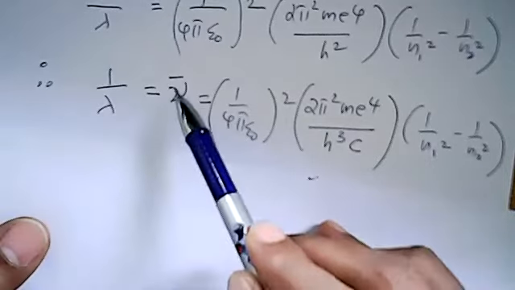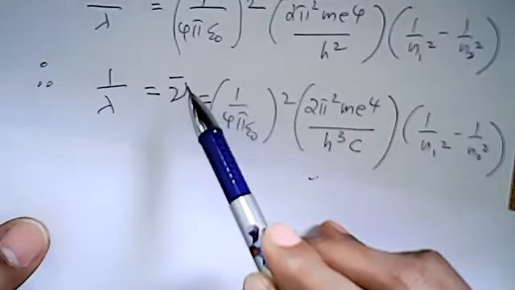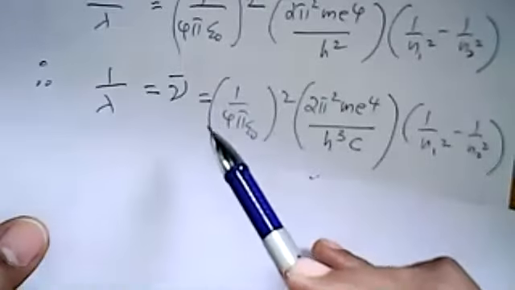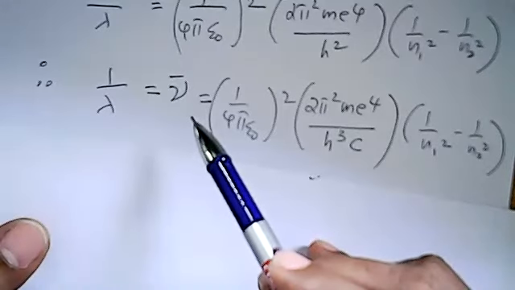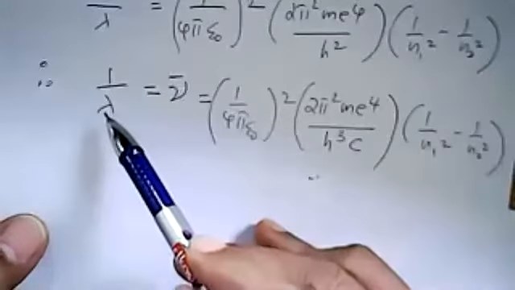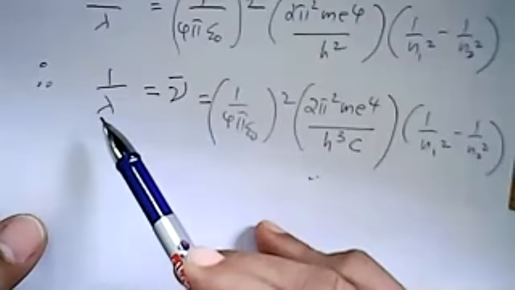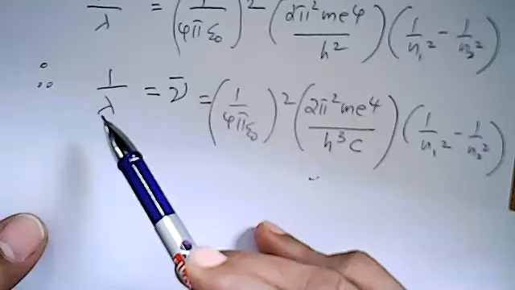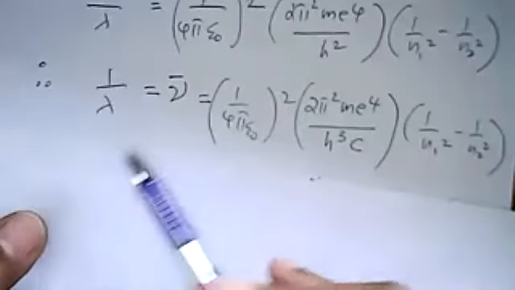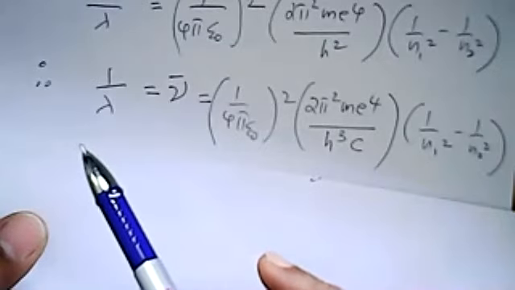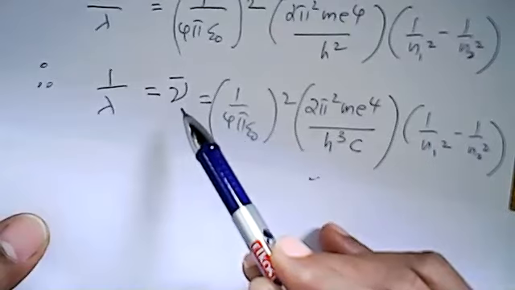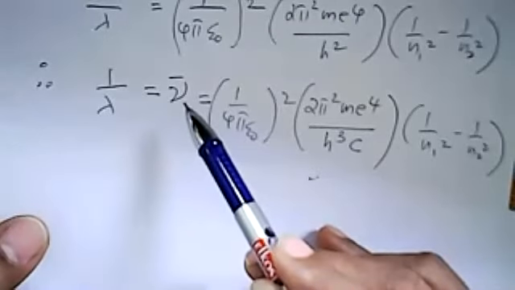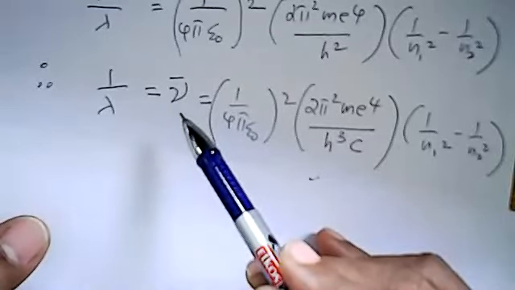What is wave number? Lambda is the wavelength, the length of a wave. The inverse of that is the number of waves per unit length, which is known as wave number.